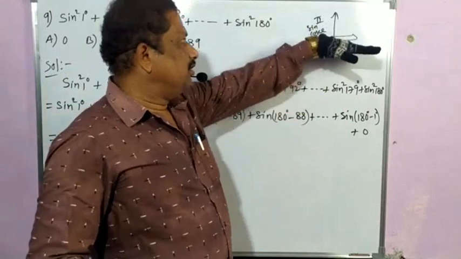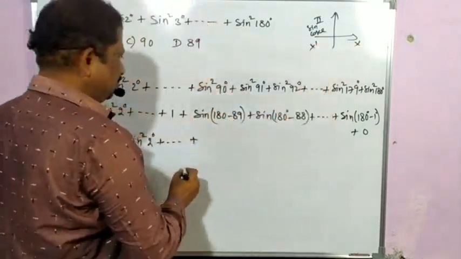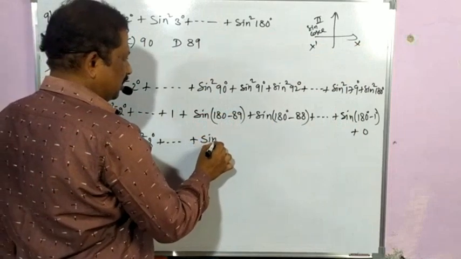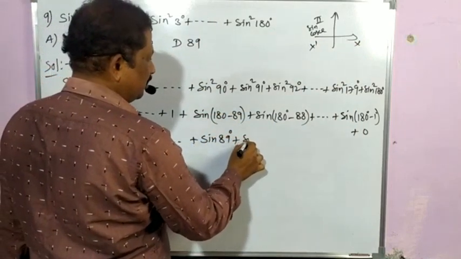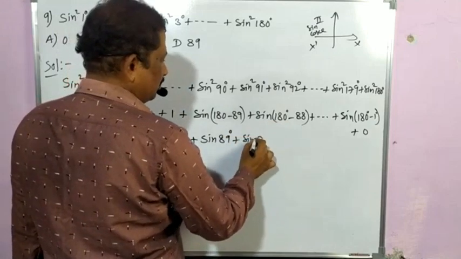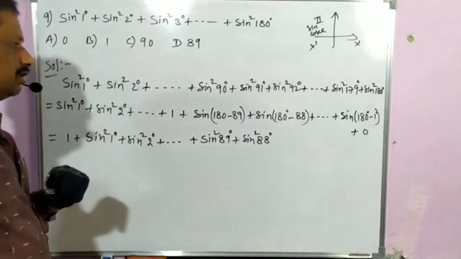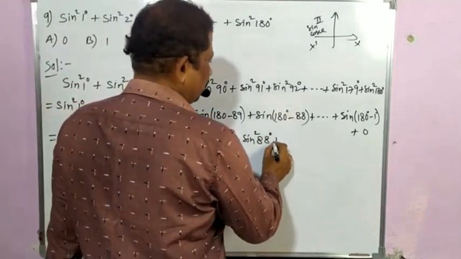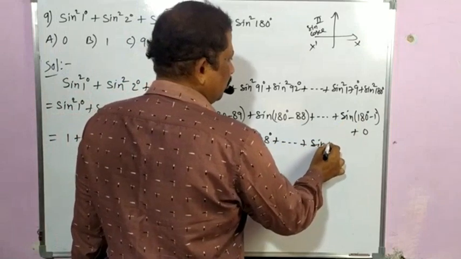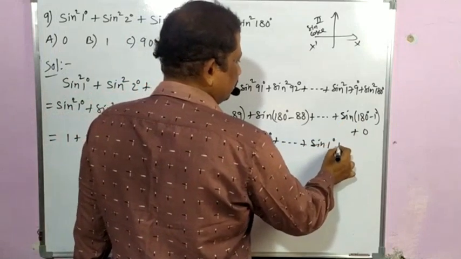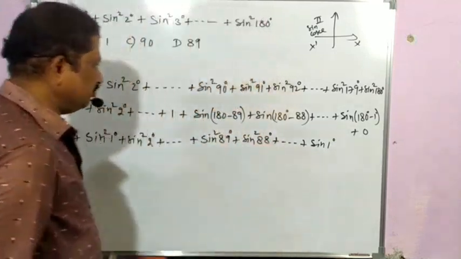It is operating on the x-axis, so the ratio does not change. Sine 89 only comes. Here sine square 88. Don't forget the square, you also have to write it down. Like that it comes, plus so on. This one becomes sine 1 degree. Plus 0 means nothing will come. If you add 0, you get the same thing.